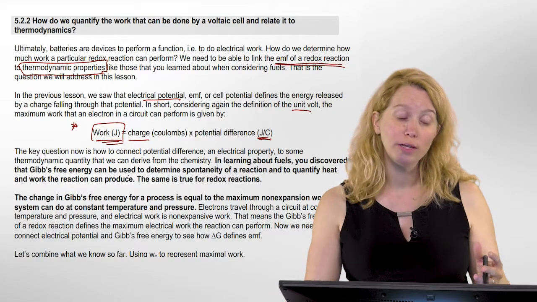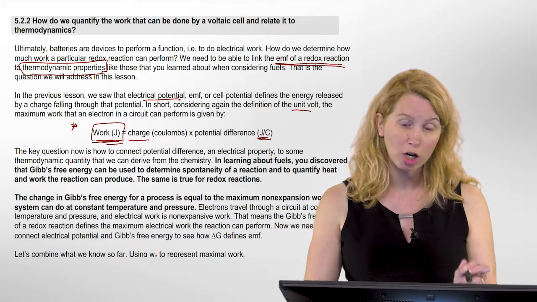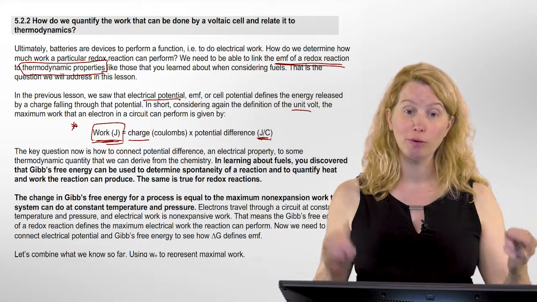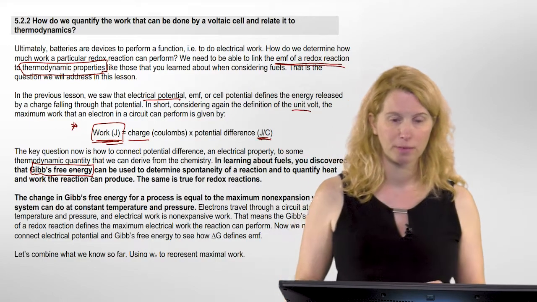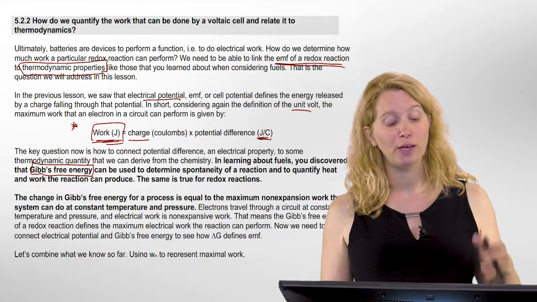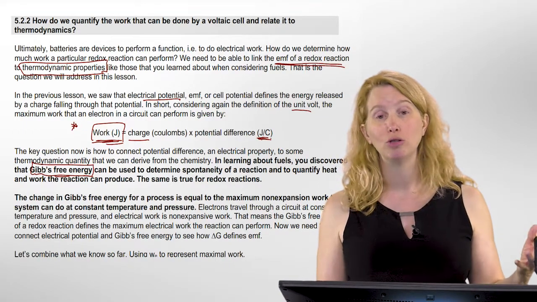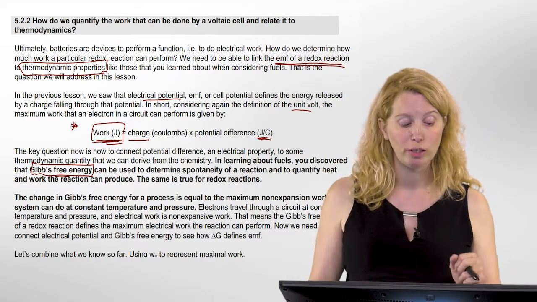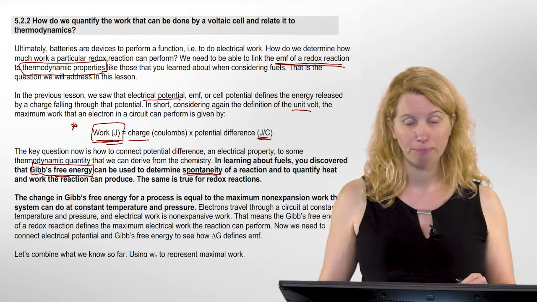And so our goal in the rest of this lesson is to connect up this idea of work, which is associated with a potential difference, to the thermodynamic property that you know already called Gibbs free energy. Now, remember when you first were introduced to thermodynamics in thinking about fuels, you learned that Gibbs free energy is perhaps one of the most useful thermodynamic descriptors that we have in chemistry, because it can be used to determine spontaneity of a reaction.